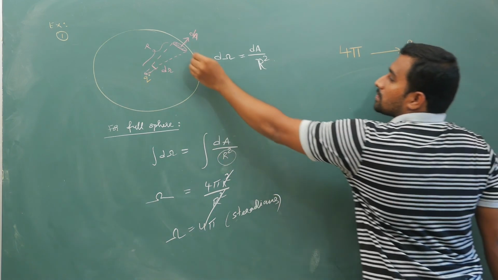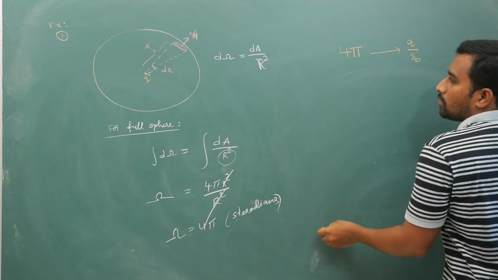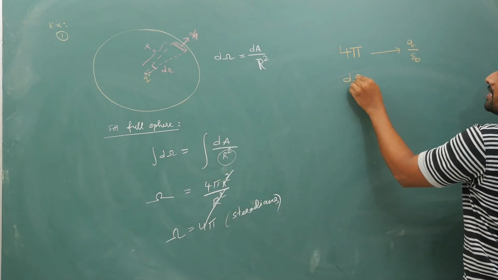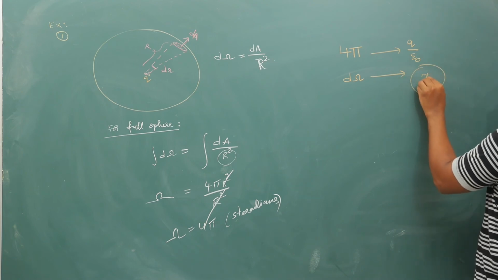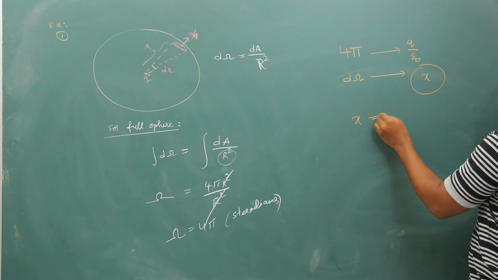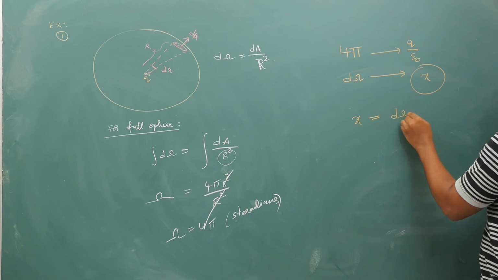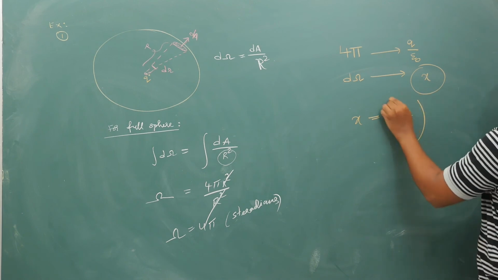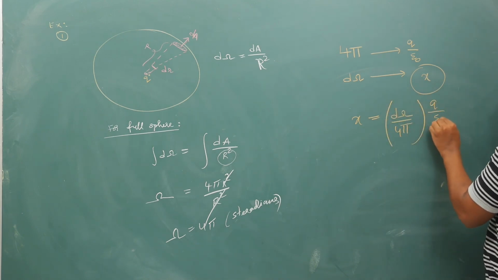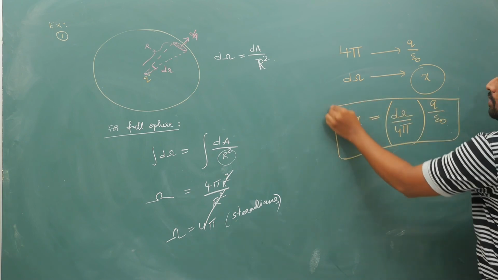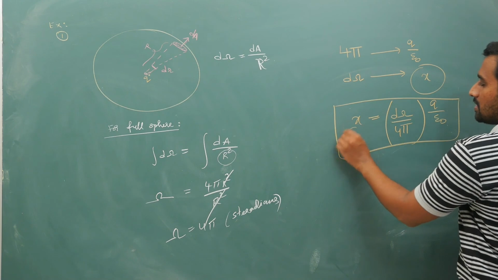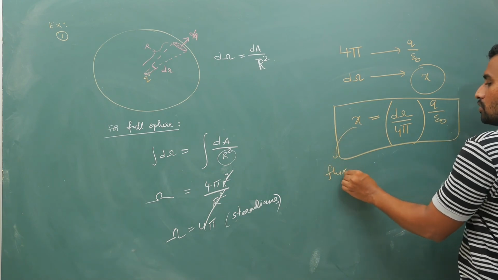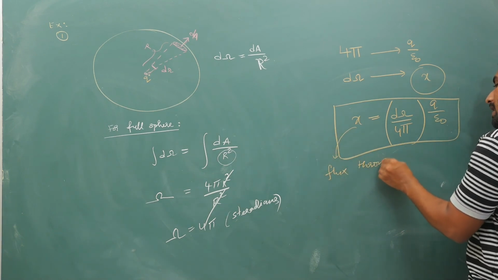How much flux goes across this small area? For a small solid angle d psi, if you are required to calculate some flux x, then x is d psi by 4 pi times q by epsilon naught. So this will give you the flux through this small patch. This x is your flux through the small patch.